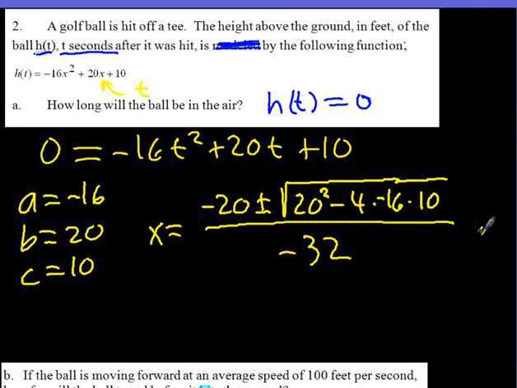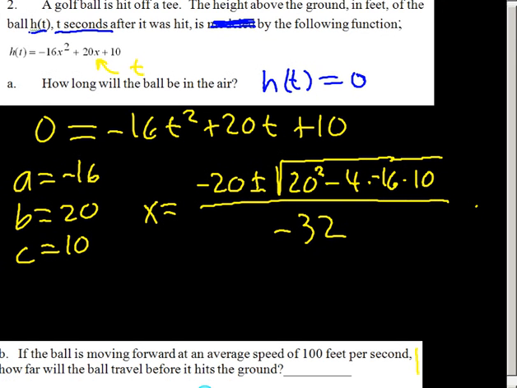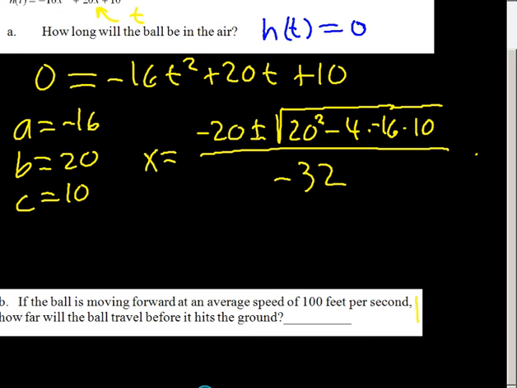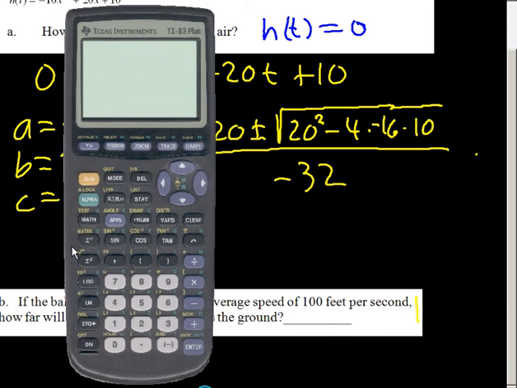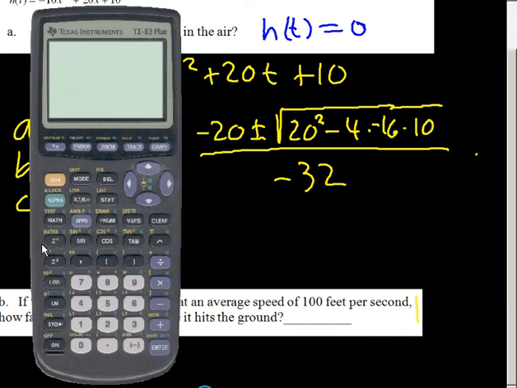So now I'm just going to go to my calculator and solve. Okay, so I've got 20 squared minus 4 times A, which is negative 16, times C, which is 10.